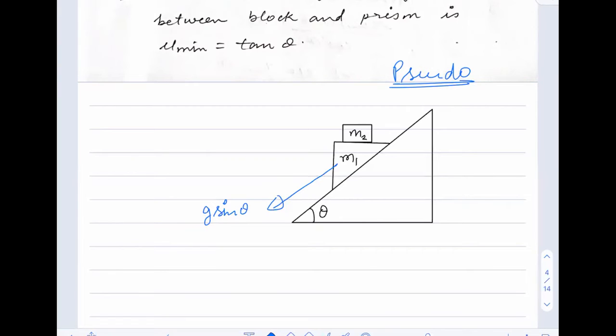I'm waiting for the answer. At least one answer, anyone? I'm asking on M2, what should be the direction? The pseudo force will act on M2, but I'm asking the direction.